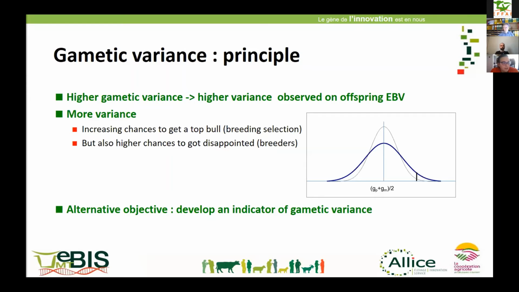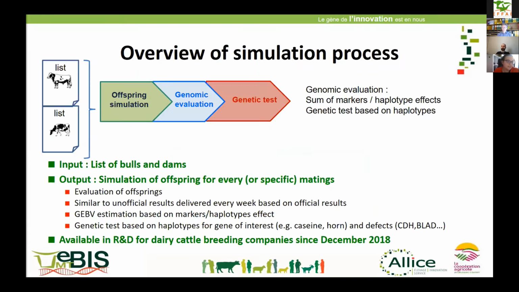So we had two objectives in our study: to use the gametic variance in order to have first indicators, and to develop an indicator of gametic variance. What we did at first was start from a simulation process. We started with a list of bulls and a list of dams, and we simulated offspring from their genotypes.